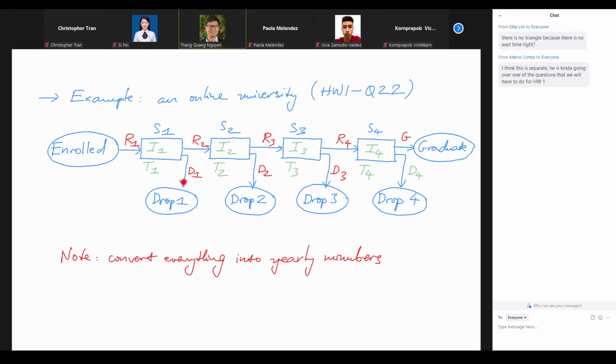If you take R1 minus R2, we have dropout number 1, right? And then if you take R2 minus R3, you have dropout number 2. Then you do the same to find dropout number 3. And the graduation is the difference between how many students started stage number 4 and how many of them dropped out after stage 4, right? Then we have the graduation.